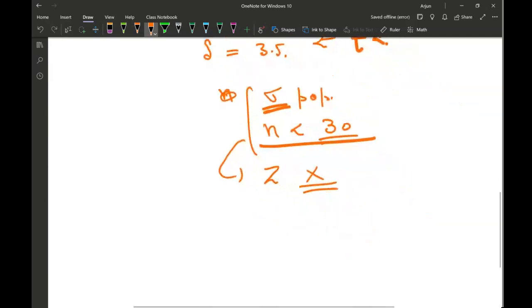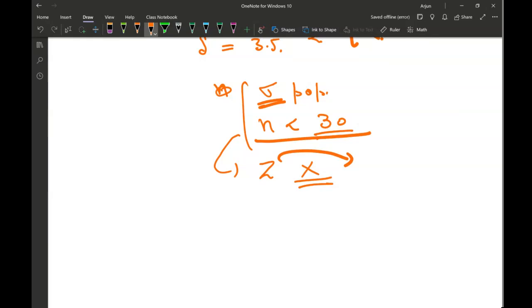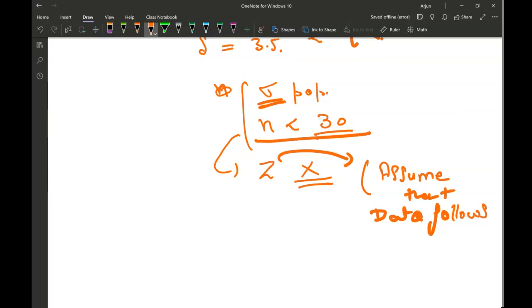To use the Z distribution in that scenario, I need to be given the data, or assume that the given sample follows a normal distribution graph. Okay, then I can use the Z distribution.